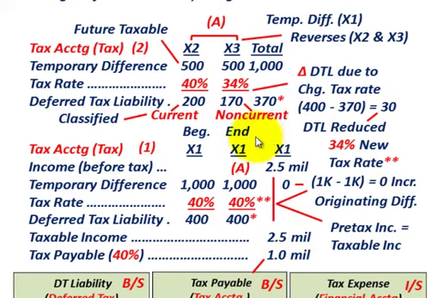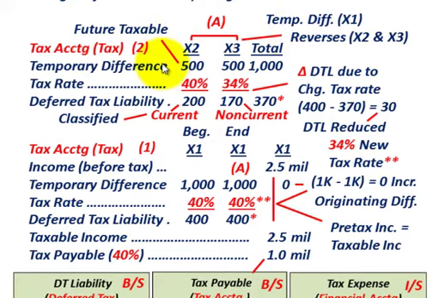Now at the end of the year, the government has enacted a new tax rate. It was sitting at 40%, and now they enacted 34%. That's going to be our new tax rate, and based on it we're going to be looking at the reversal of our temporary difference.